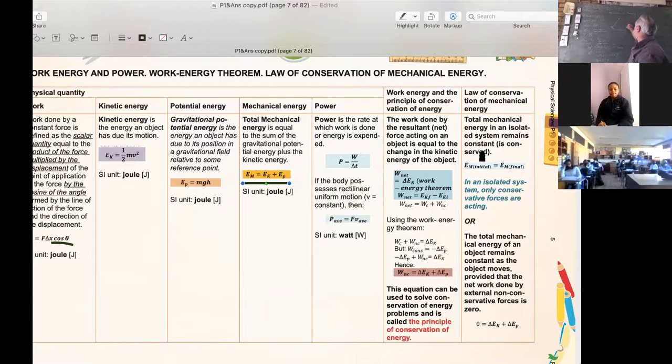And when it swings back there, it stops, so it's got no more kinetic energy, just potential energy. So energy is conserved, but it's changing all the time: potential to kinetic to potential, back to kinetic to potential. All happy with that? So the energy is conserved by the law of conservation of mechanical energy.